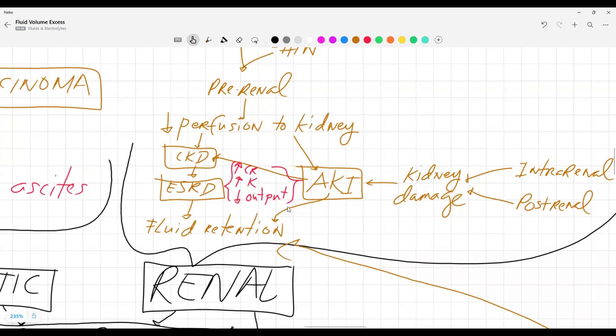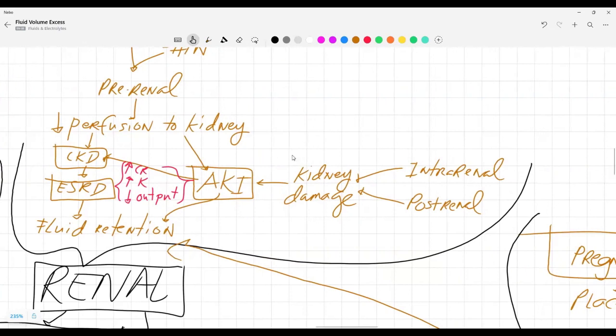So in AKI, which is acute kidney injury, this is something that happens acutely. In this case, it may be reversible still, as opposed to CKD and ESRD, which are non-reversible because this happened over time. With AKI, it could be an intrarenal or post-renal condition that had caused kidney damage.